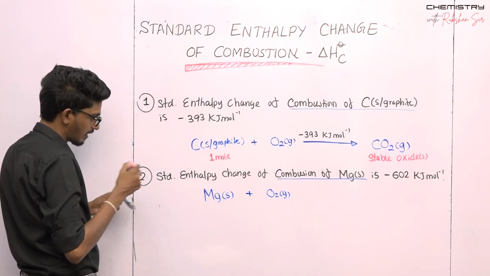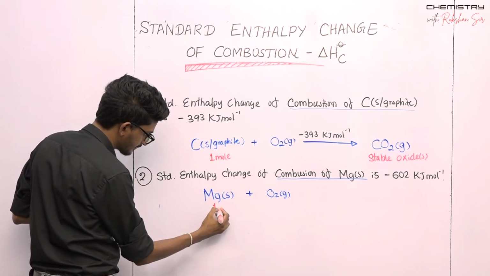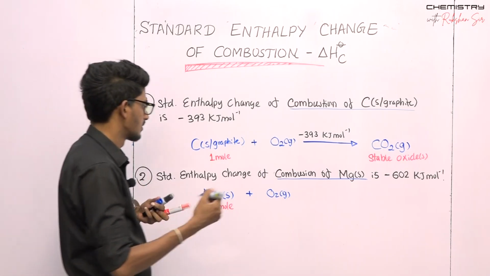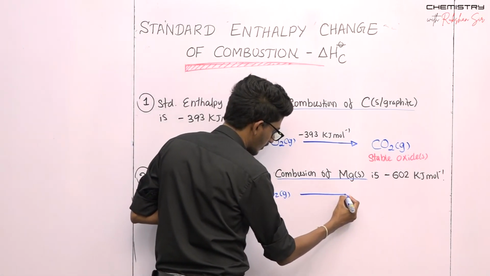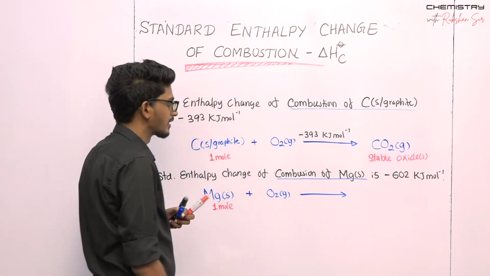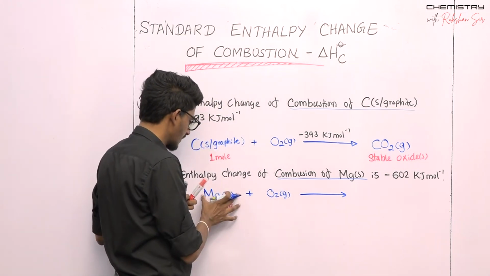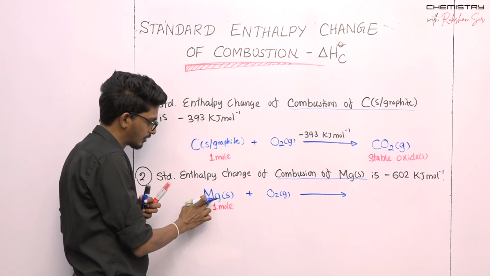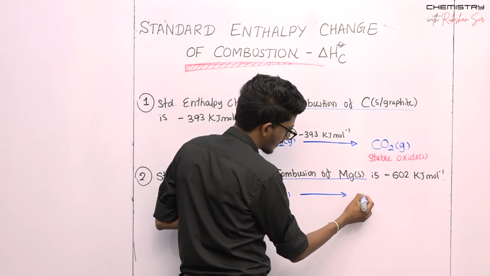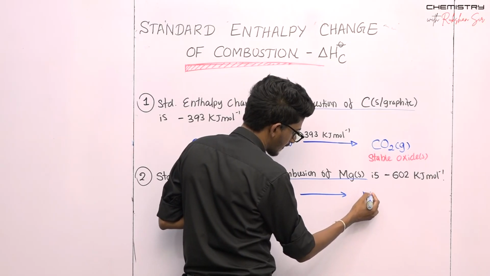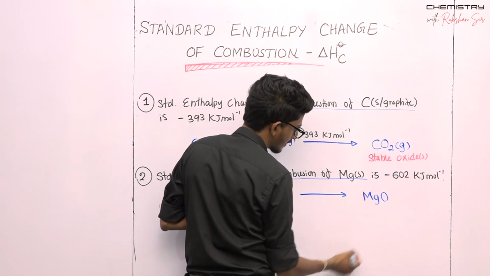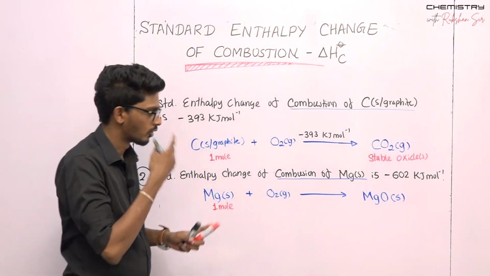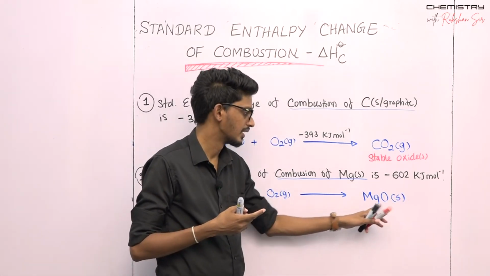Now we have to come up with the respective oxide of the element of the 1 mole species. Magnesium's stable oxide is magnesium oxide, which appears as a solid. All the metal oxides appear as solids.